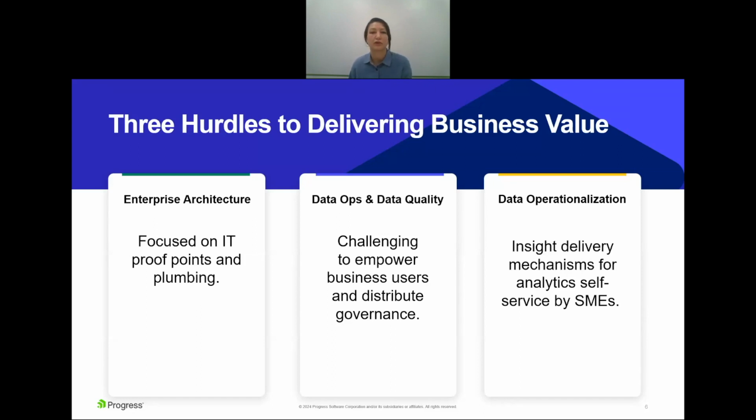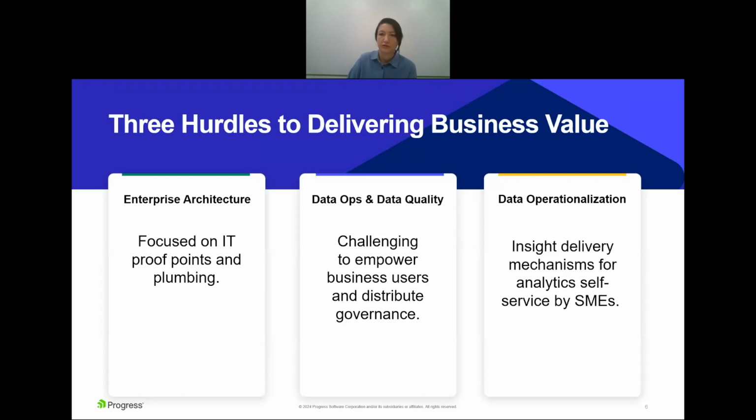This is the step where organizations are faced with the challenge of empowering business users who are close to the data and understand the data to actually contribute to the governance process and bring their input into improving the data quality. And the third hurdle is associated with the mechanisms that organizations leverage to deliver data and insights to their subject matter experts.